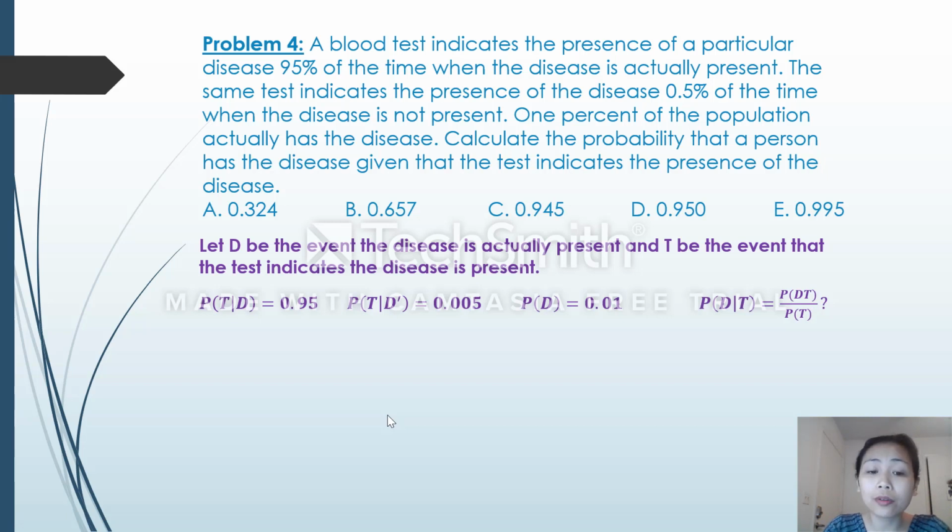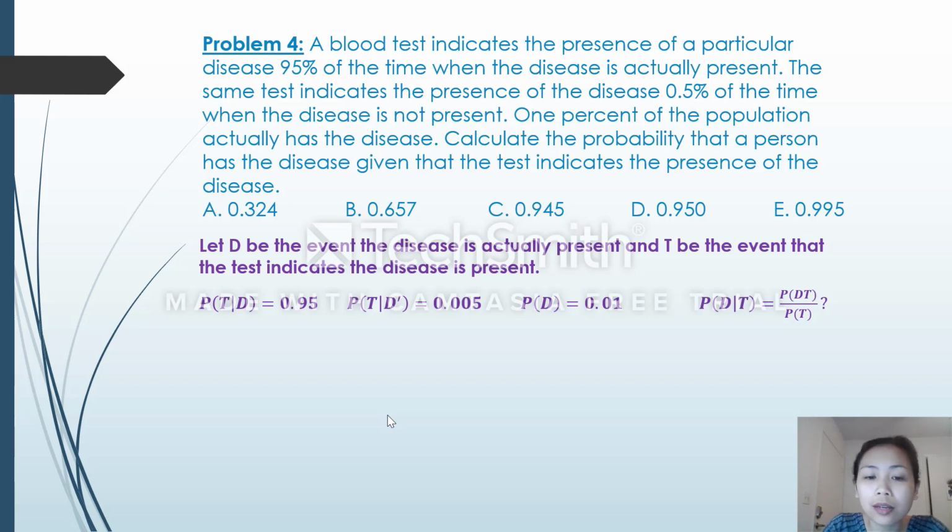So think about the law of total probability. They give the probability of D, and they ask for the probability of D given T. To find the probability of D given T, we need to find two things. The first is the probability of D and T, and the second is the probability of T.